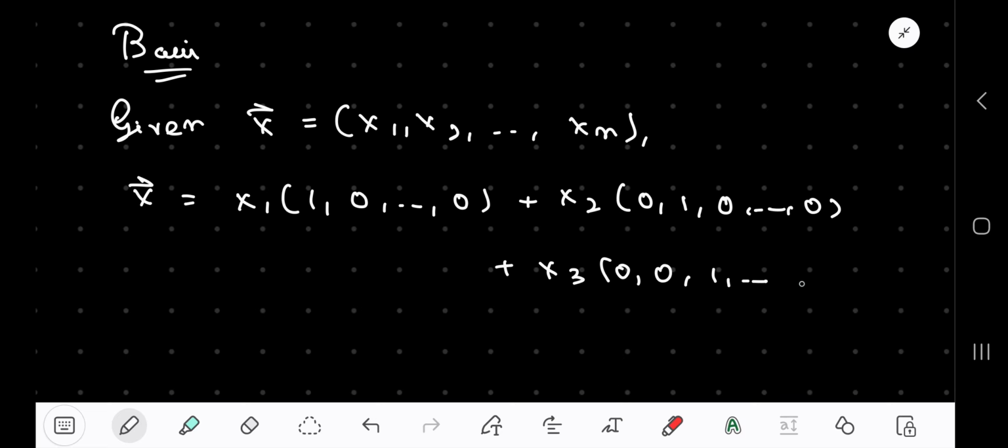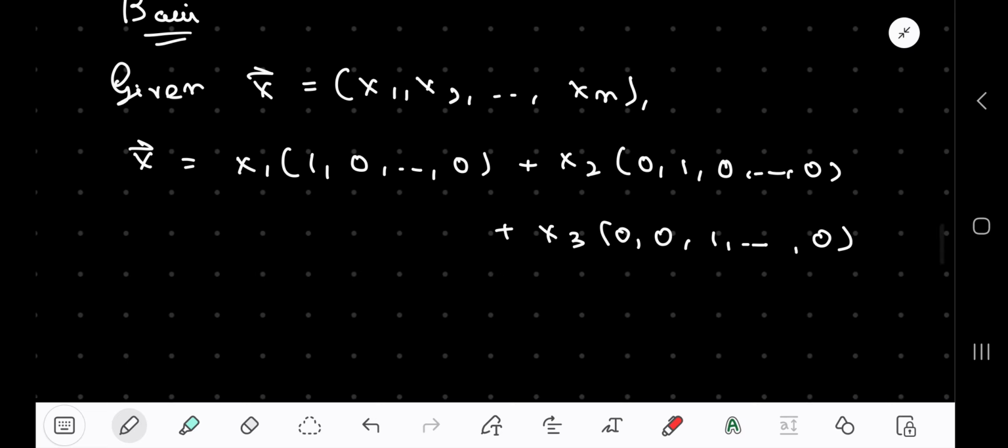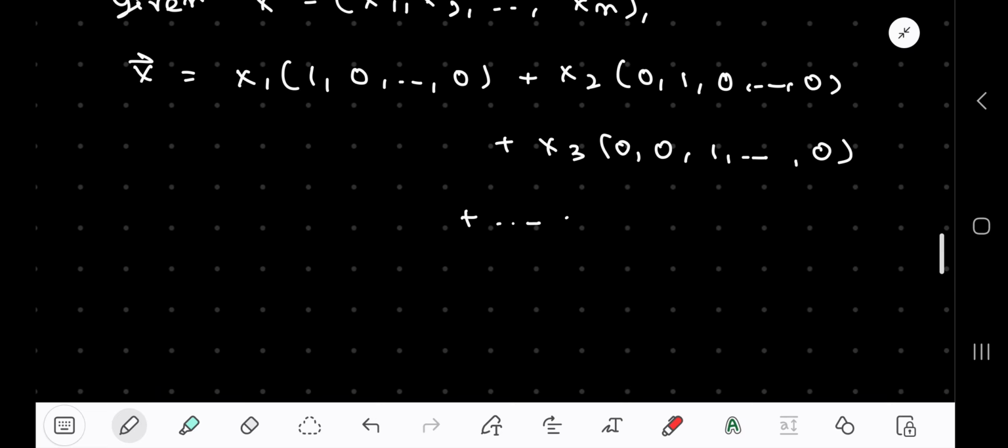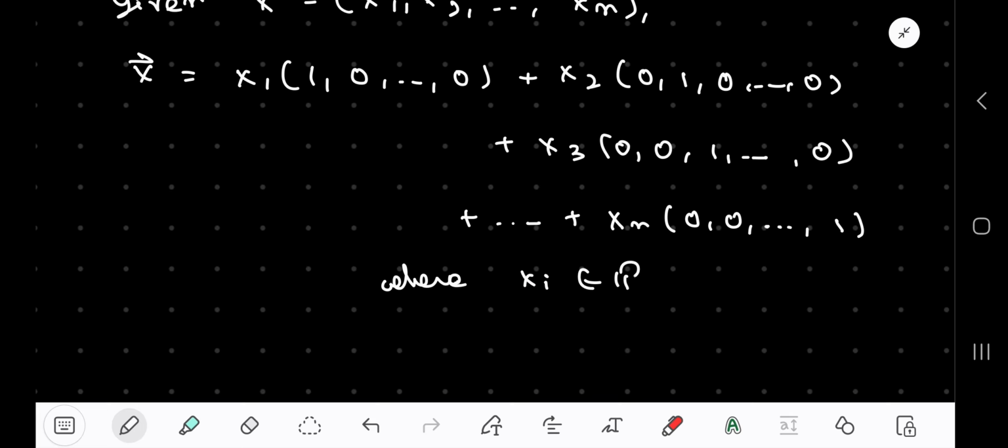We are just adjusting it in this way, making use of our definition of scalar multiplication. So I have plus xn times the vector with 1 in the last component, where by the definition of the tuple each xi should be real for all i.